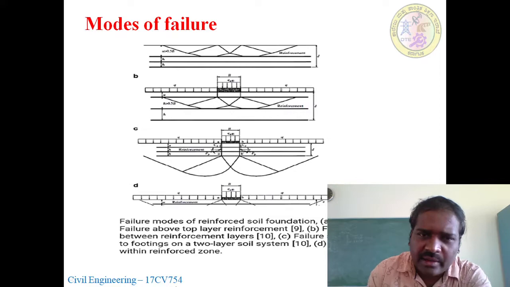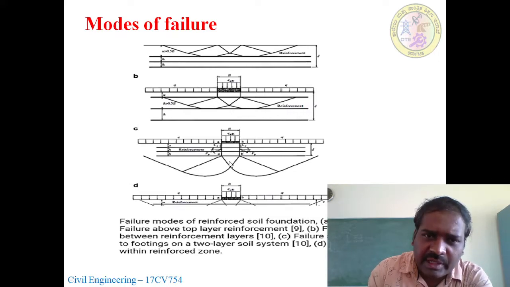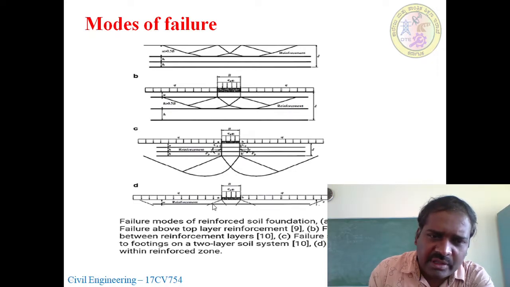Here, below the layers there will be a failure. Down to the reinforcement layer there is no effect, but below the bottom layer of the reinforcement, geosynthetic or strips, a failure will occur. And in the fourth case, the failure is within the reinforced zone.